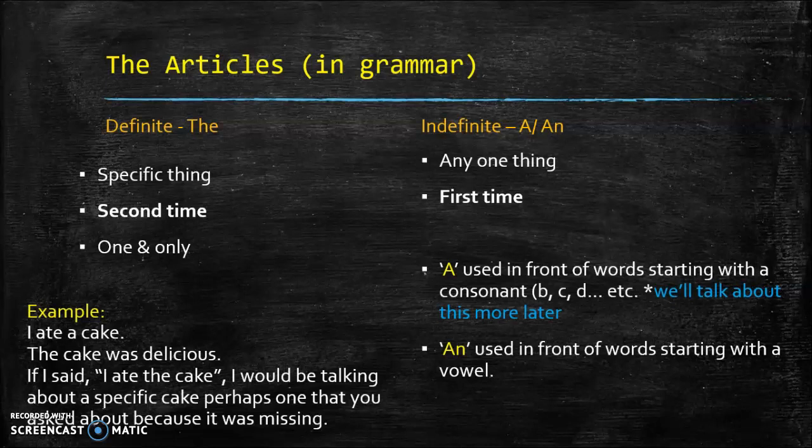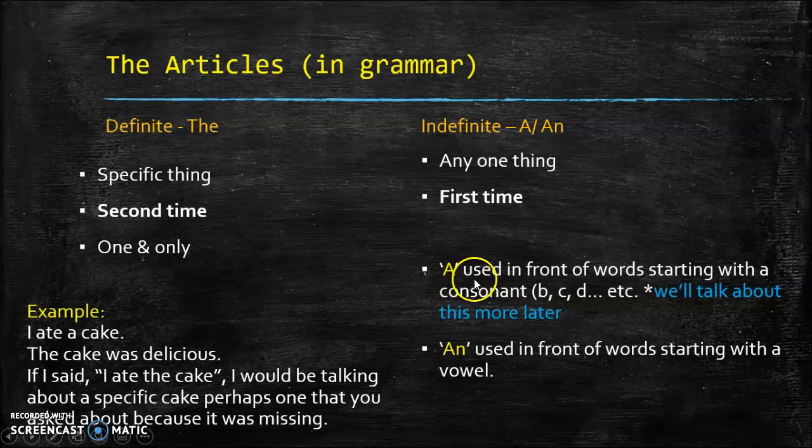So normally we would say, I ate cake. If I said I ate a cake, you might be talking about, or hopefully you're talking about a small little cupcake, but if you ate the whole cake and big cake, then there's some other issues going on there. If you say, I ate the cake, I'm talking about a specific cake. All right. Hope that clarifies that a little bit more.